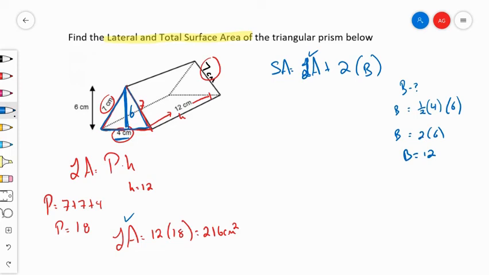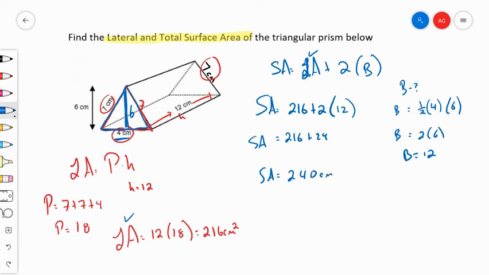So the area of the base is 12, and all I have to do is substitute everything back in. My lateral area was 216. The area of one of the bases was 12, so I multiply 2 times 12, which is 24, add it to 216, and I get a total surface area of 240 centimeters squared.